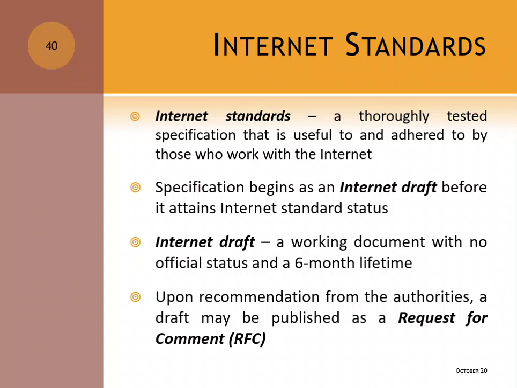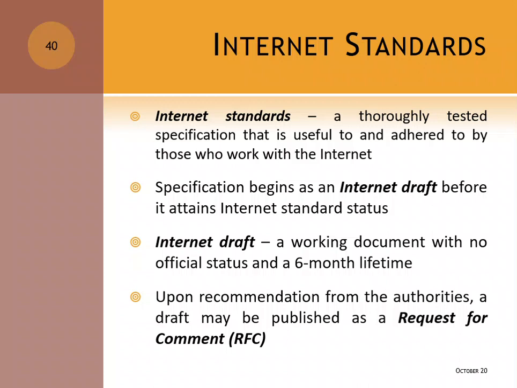What is an internet draft? An internet draft is a working document with no official status and a 6-month lifetime. Upon recommendation from the authorities, a draft may be published as a request for comment.